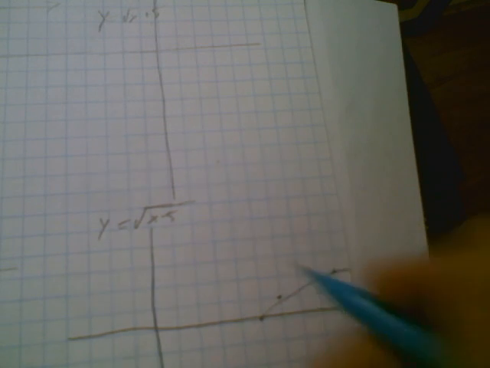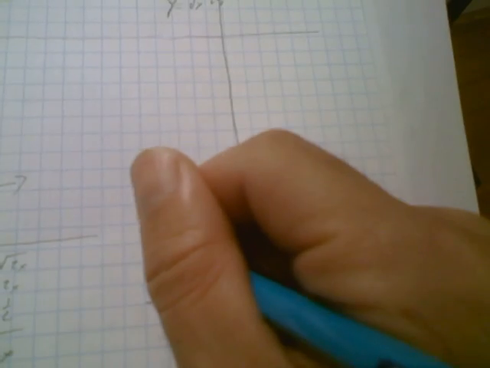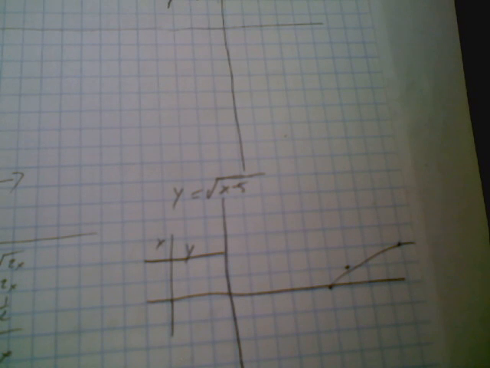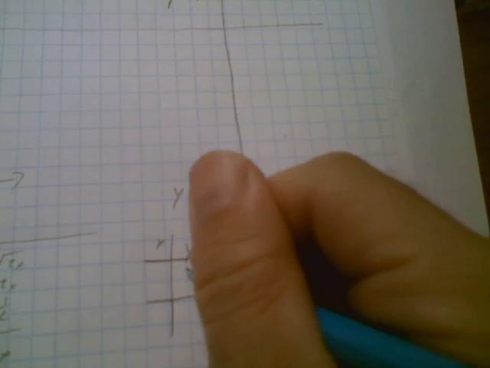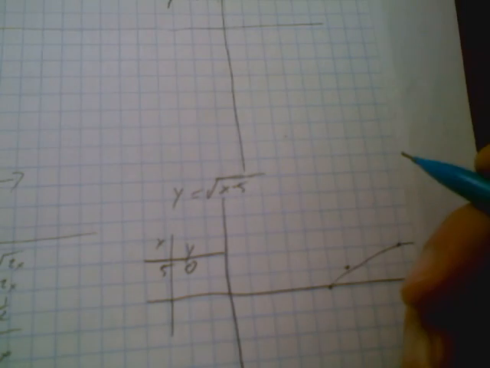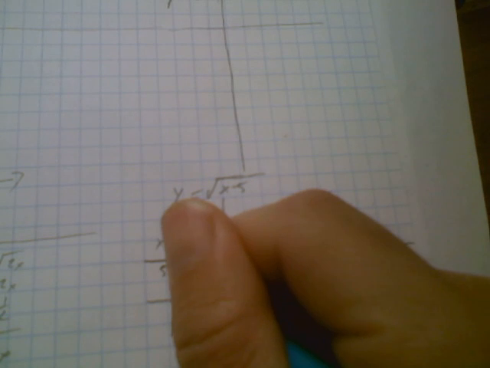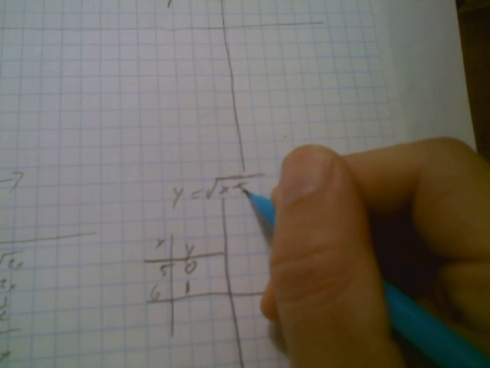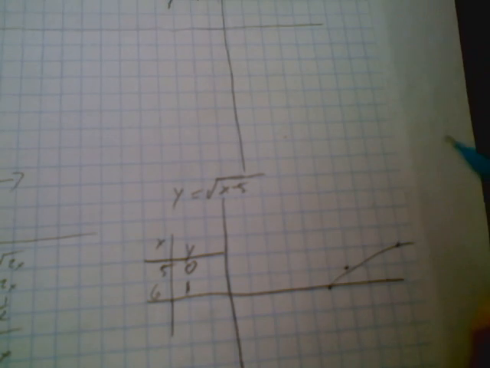We can see this when it comes to making an XY chart. For this one, we have to solve. If y is 0, x is going to have to be 5, because 5 minus 5 equals 0. If y is 1, x is going to have to be 6. 6 minus 5 is 1, square root of 1 is 1.